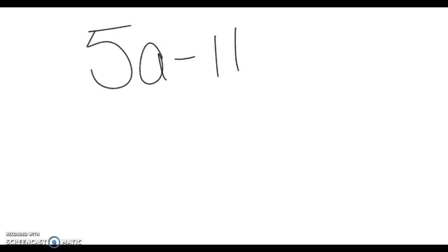For example, if I have 5a minus 11, I could phrase this as 11 less than the product of 5 and a. Or I could say the difference between 5a and 11. So you should be able to both write expressions that go with phrases, and write phrases that go with expressions.